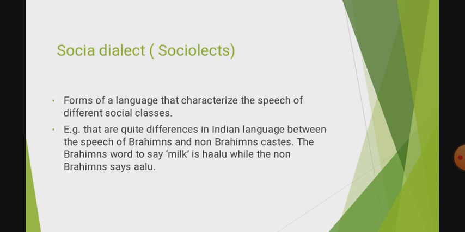So let's move forward. Social dialects are forms of language that characterize the speech of different social classes. There are acute differences in Indian language between the speech of Brahmins and non-Brahmins castes. Brahmins say milk is halu, while non-Brahmins say alu.